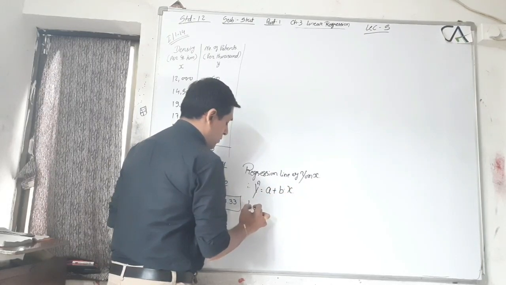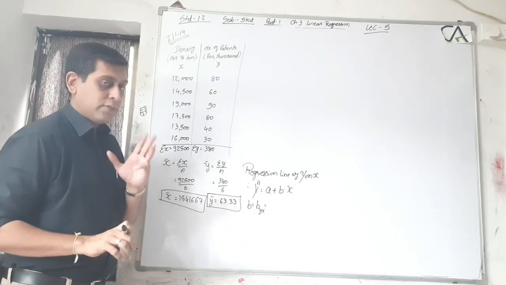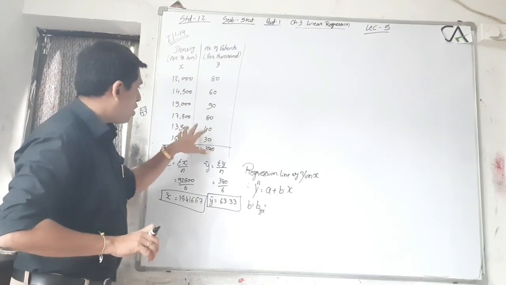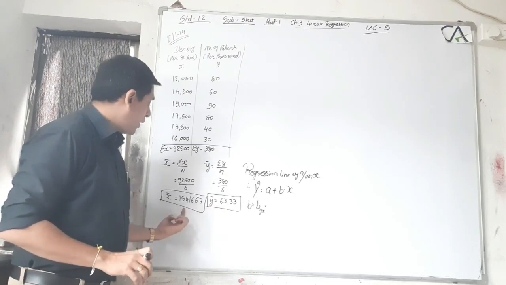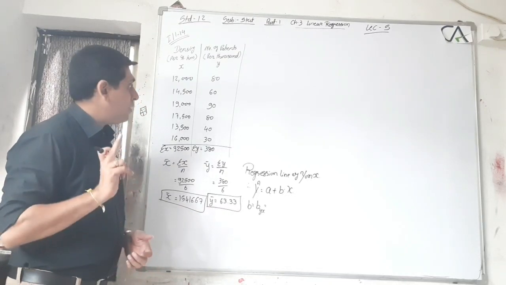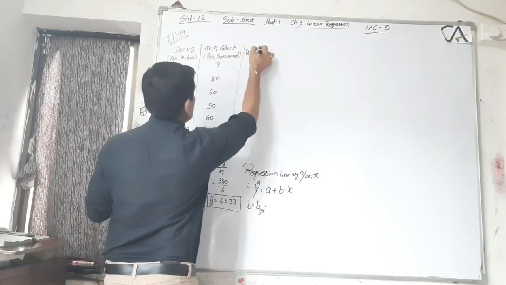That means here b is byx, and we use method number 3, the shortcut method, because all observations are about 20-25 and both x bar and y bar are in fraction.